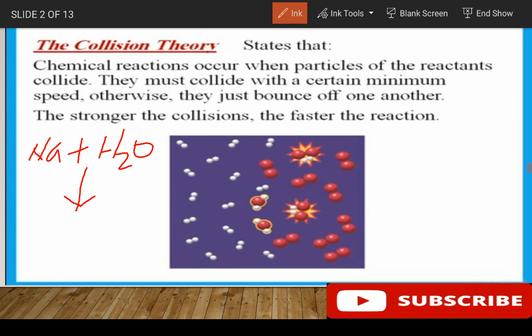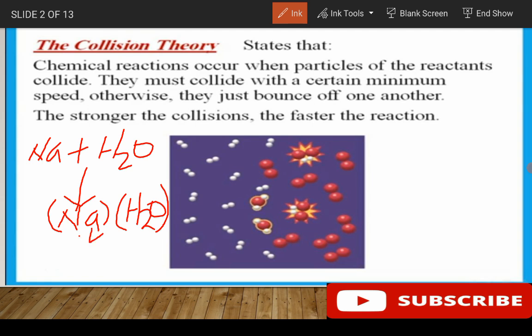We can consider this as the process here. So you have sodium colliding with the water, such that when the sodium atoms and the water molecules collide with a minimum amount of energy, there is going to be a reaction.